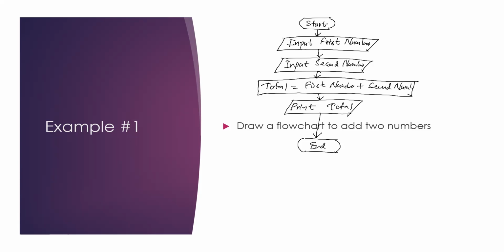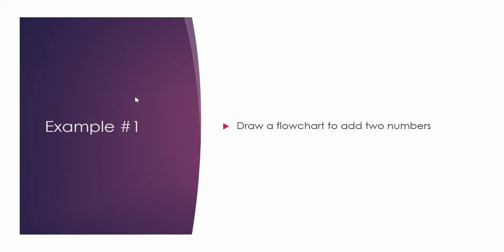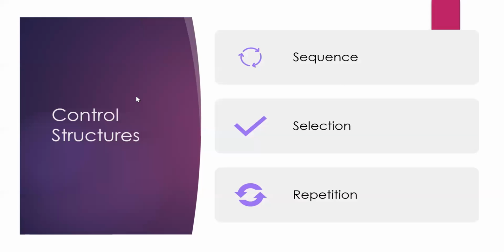Next, we'll look at control structures. There are three types of control structures. Control structures mean the way we can develop algorithms. So let's write down a topic called control structures, right?